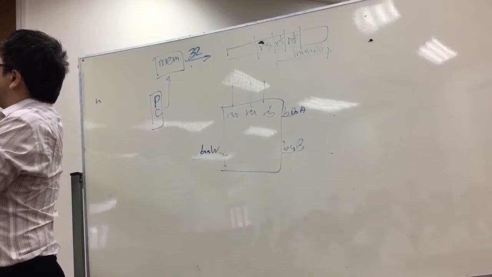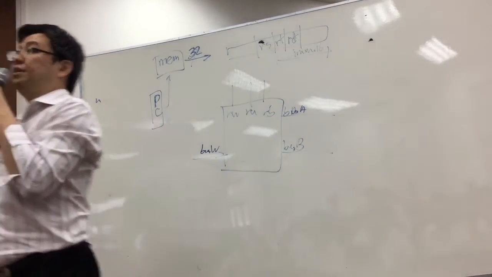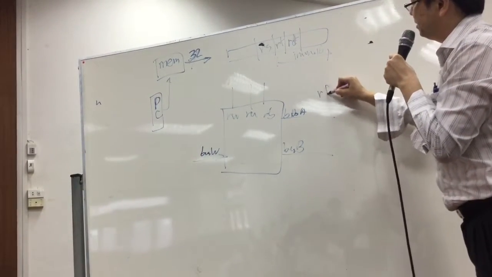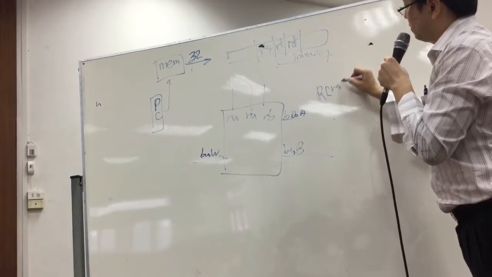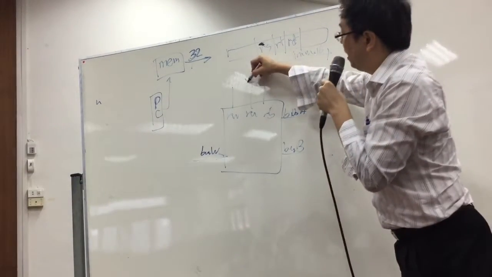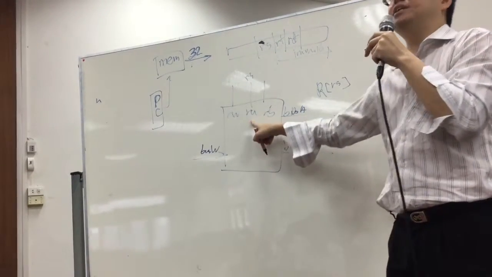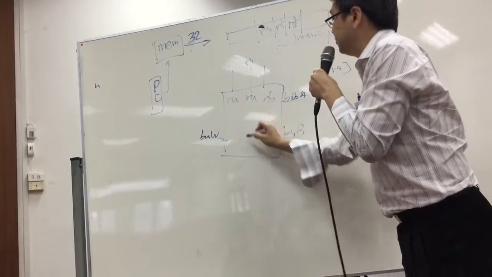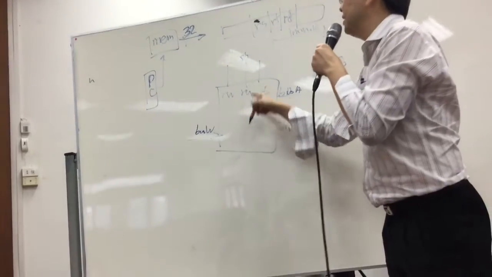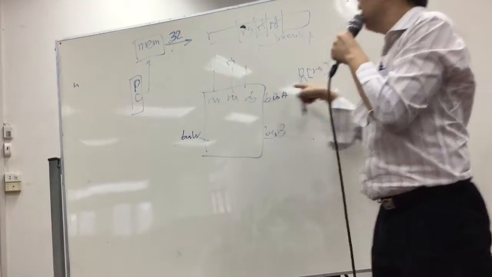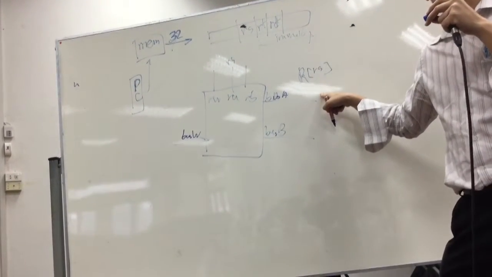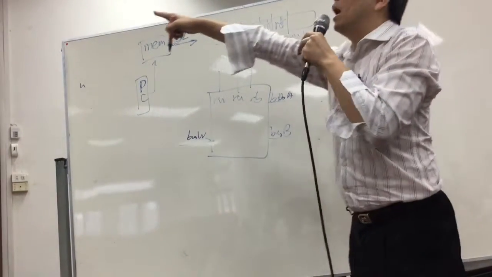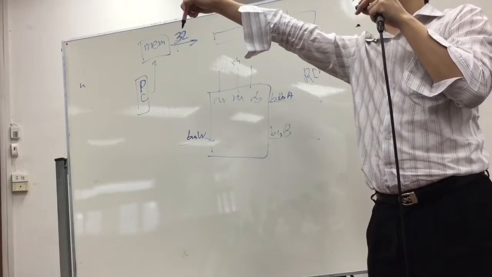The instruction says we want RRS plus RRT. So to get RRS here, I have to put RS at the RA. So I get the result from register R indexed by RS at bus A. To get RT, what do I have to do?